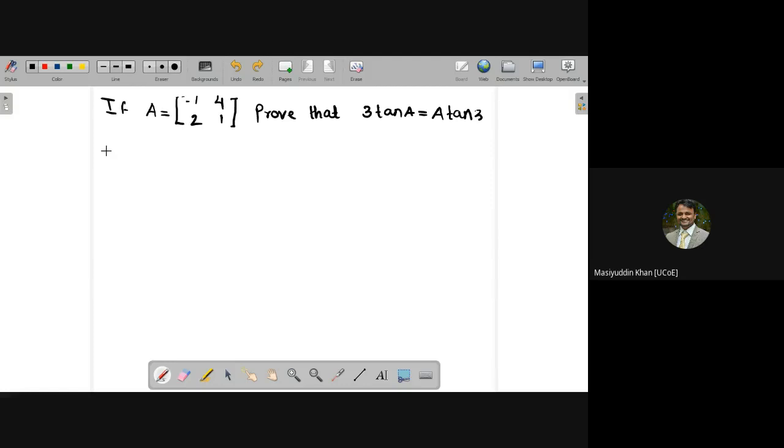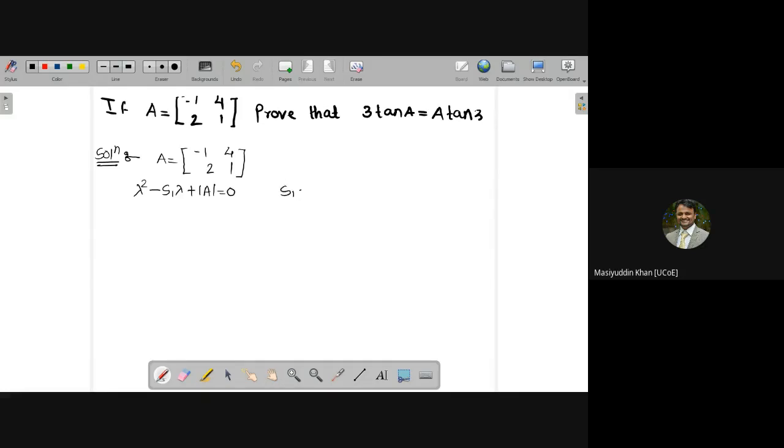So what we have to solve here is the solution of this part. We have to find the characteristic equation first of all. A is equal to [-1, 4; 2, 1]. So lambda square minus S1 lambda plus determinant of A is equal to 0.